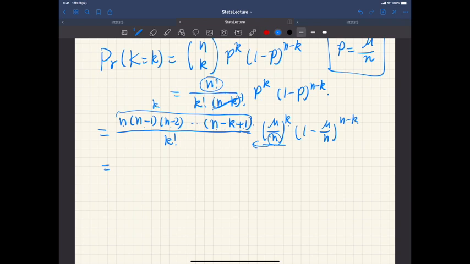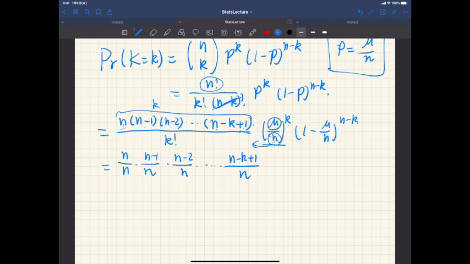So there are k factors in the numerator, and for each of these factors, we assign one of these n's. So we have n over n, n minus 1 over n, n minus 2 over n, and down to n minus k plus 1 over n.